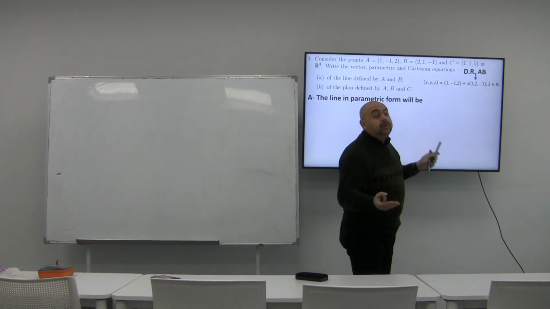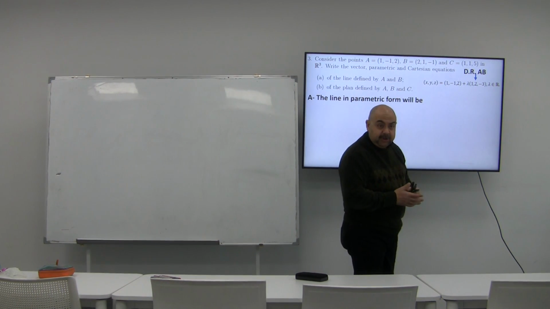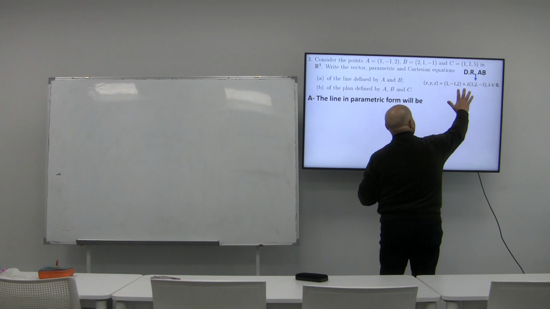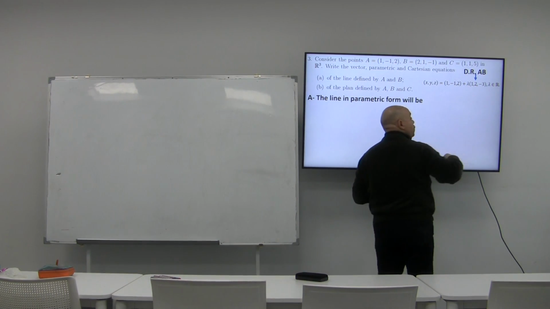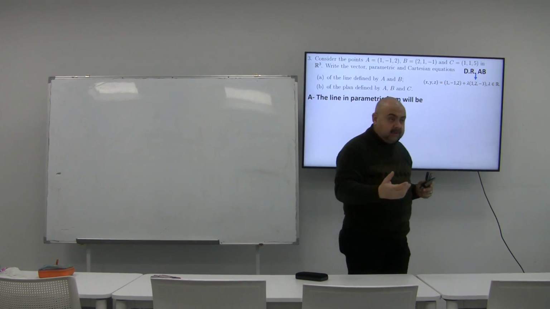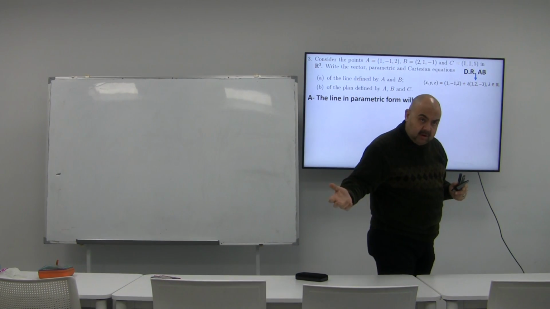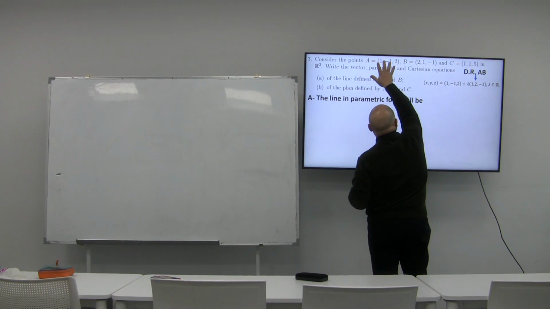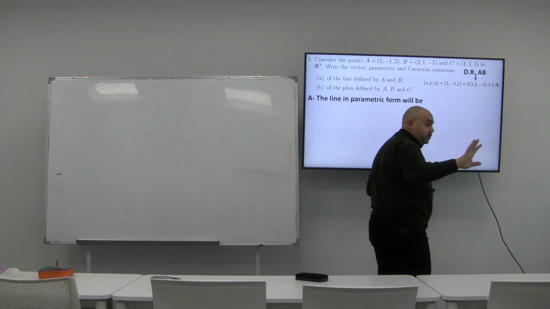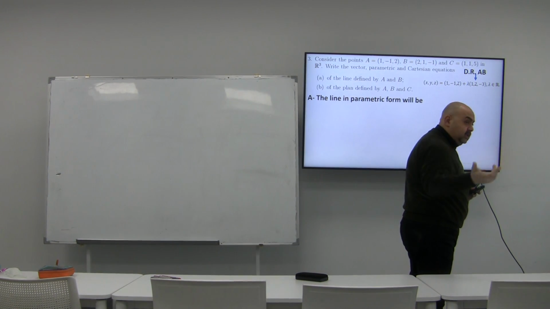See where to write the direction ratio in a parametric equation. In a parametric equation, the direction ratio will be in front of a lambda, which is an arbitrary constant that can be chosen within R. And the point will be the first. So I will choose point A or point B, it will make no difference, just 1 point that belongs to this straight line.